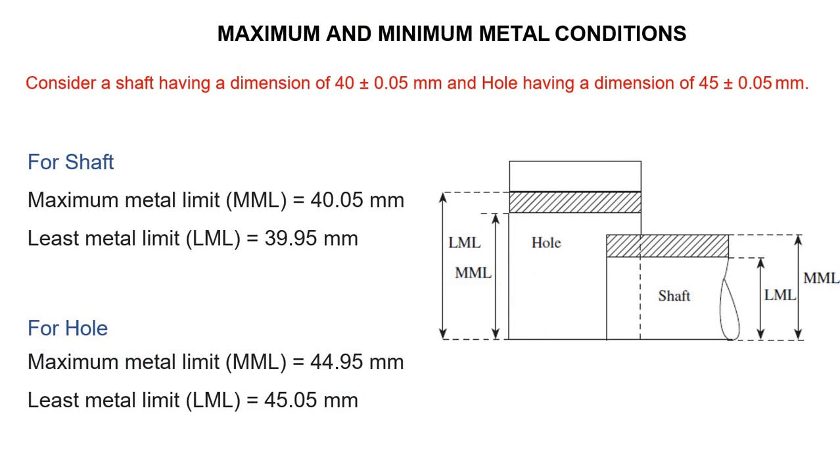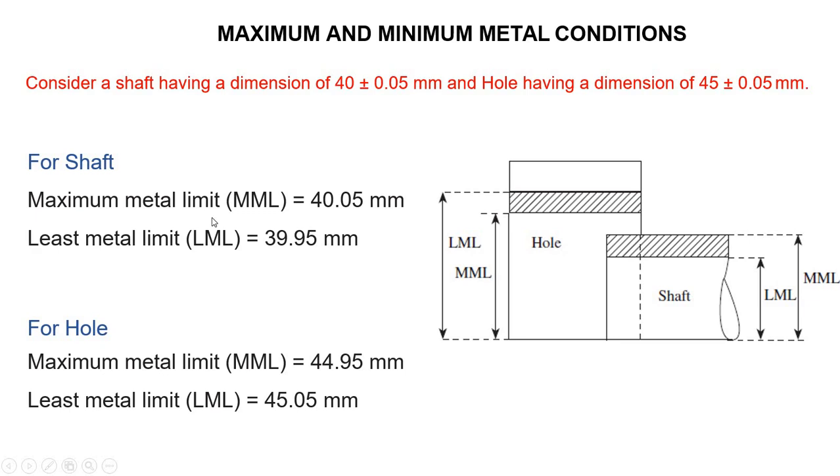Then we will now see the maximum and minimum metal conditions. We are dealing with a tolerance system in which we think about the minimum limit and maximum limit. In production, we have two different definitions: maximum metal condition and minimum metal condition. Consider a shaft having a dimension of 40 plus or minus 0.05 mm and a hole having a dimension of 45 plus or minus 0.05 mm.